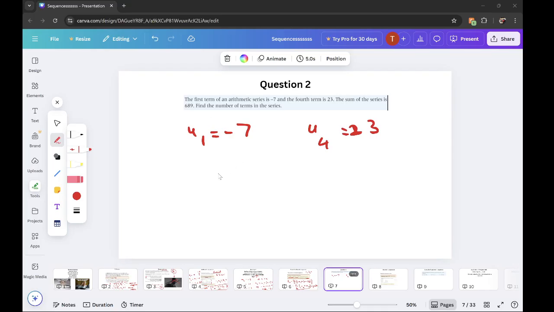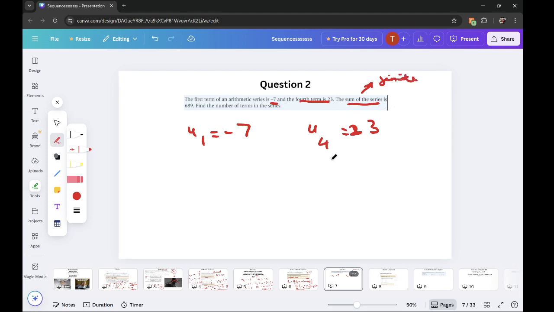So you know u of 1 is equal to negative 7, u of 4 is equal to 23, because it's said in the question over here. The first term of the arithmetic sequence is negative 7, and the sum of the series is 689. Now, the sum of the series means this sequence is finite.